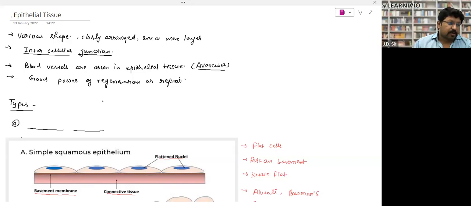Intercellular junctions are present. Blood vessels are absent in epithelial tissue. That's why they are called avascular, meaning the vascular bundles, arteries and veins, are not present. They have a good power of regeneration and repair, meaning they can repair themselves.